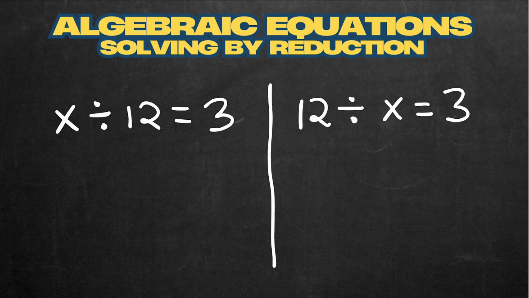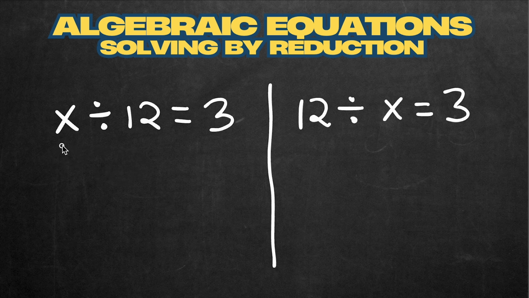The variable can be in either of these positions. Either the variable can be the number that needs to be divided, or the variable could be the number that will divide the main number. Just focus with me here, and I will show it to you.